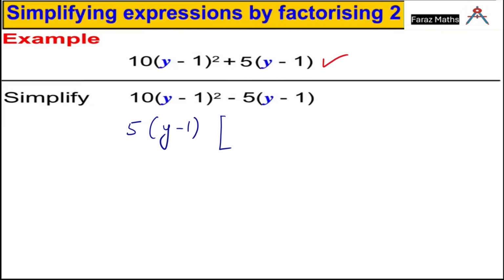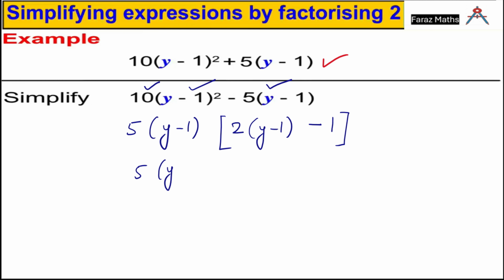You always have to identify the lowest power, and that is the HCF. Now make the bracket, and 5 times what will give you 10? 5 times 2 will give us 10, and then y minus 1 power 1 is already outside, so if you multiply it by y minus 1 to the power 1 you will get 10 bracket y minus 1 whole square. And then here you have to use the negative sign, because it is negative 5 bracket y minus 1, and then write 1 over there, because if you multiply 5 bracket y minus 1 with negative 1 you will get this thing.